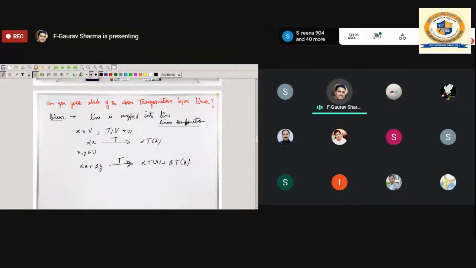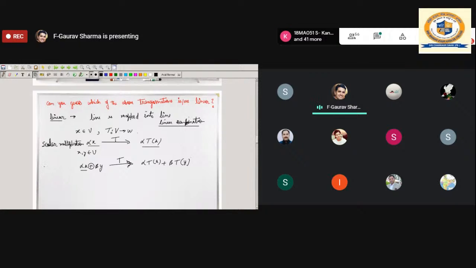So whenever some transformation preserves these two operations, the first one is scalar multiplication, and the second is a combination of two vectors. One is scalar multiplication and the other is addition, right?